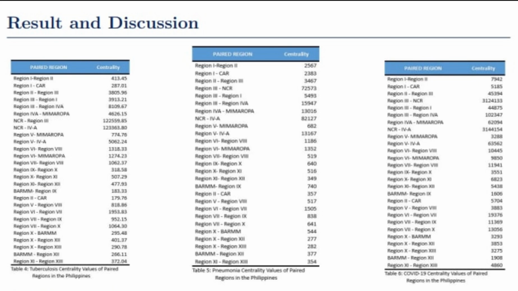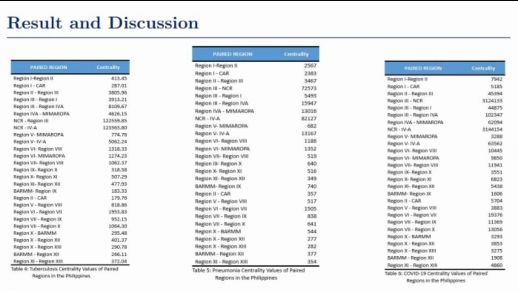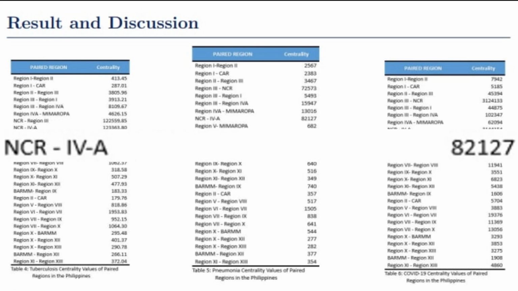The highest centrality for tuberculosis was observed with the paired region of Region 4A or Calabarzon and the National Capital Region or NCR at 123,363.80. For pneumonia, also Region 4A and NCR had the highest score at 82,127.